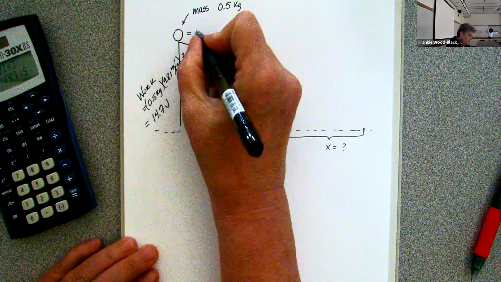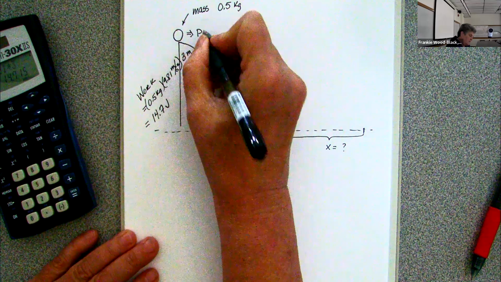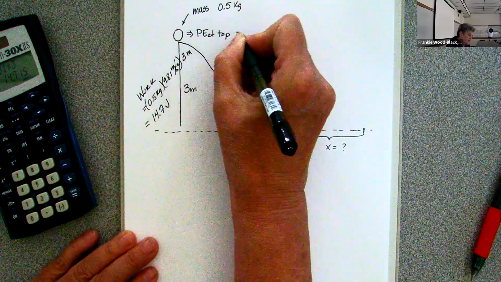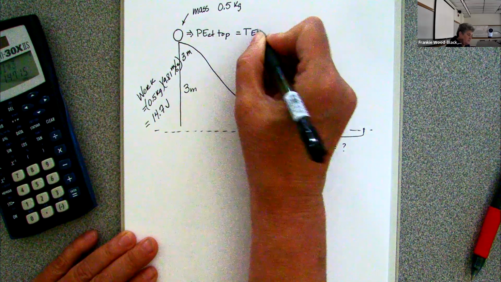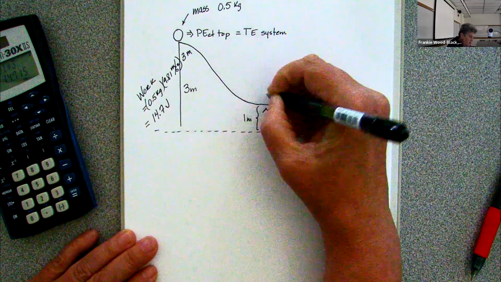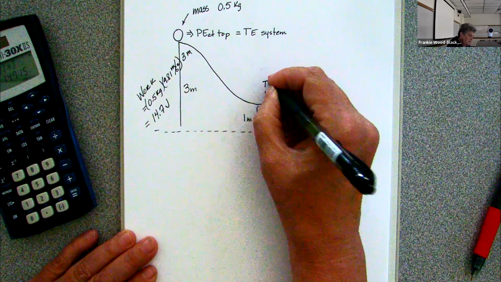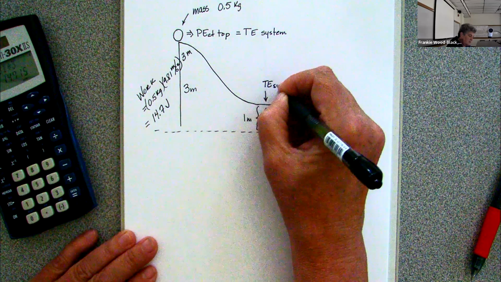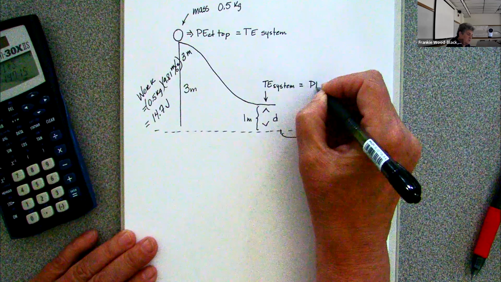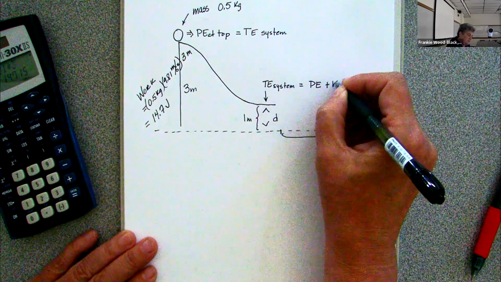Well, the potential energy at the top has got to equal the total energy of the system. And the total energy of the system here is equal to the sum of the potential energy plus the kinetic energy.